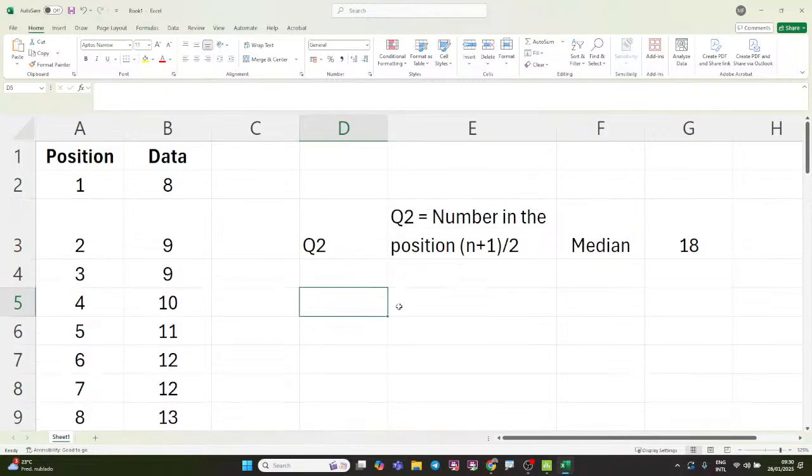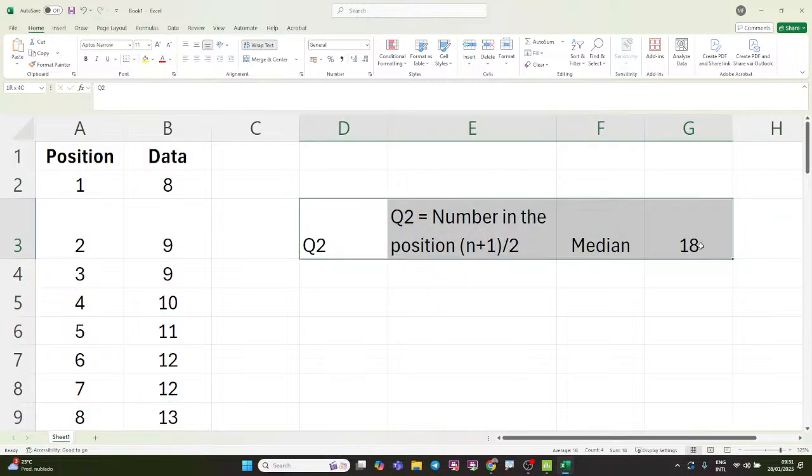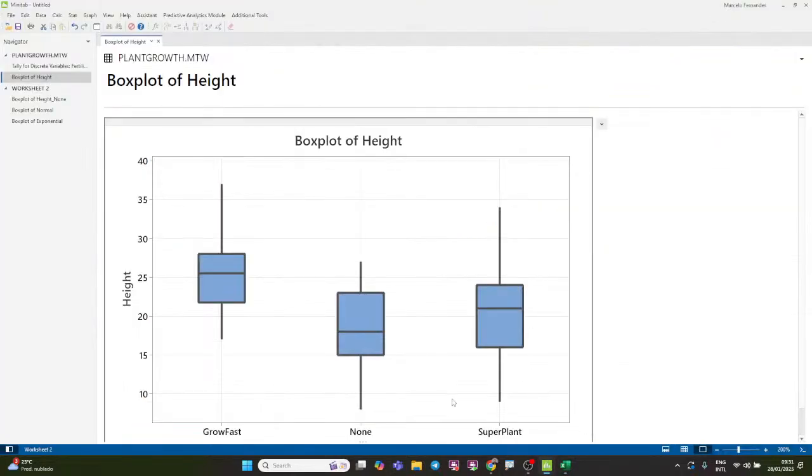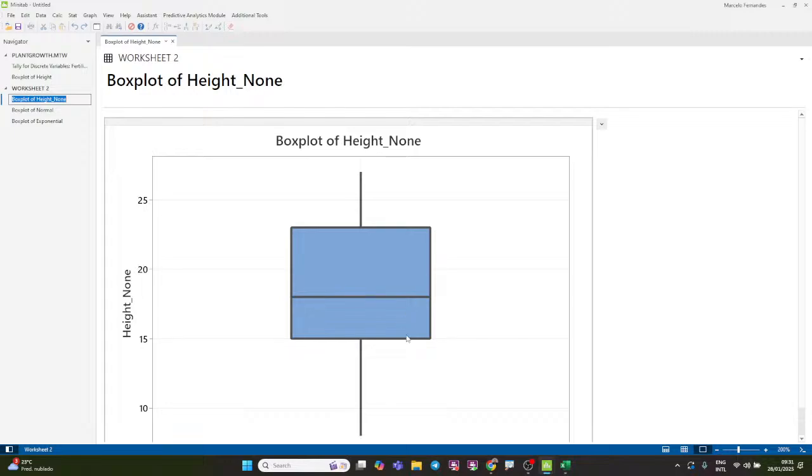And then we do have other two lines in our box plot, right? We do have Q1. That is pretty much this line here. That is 15.